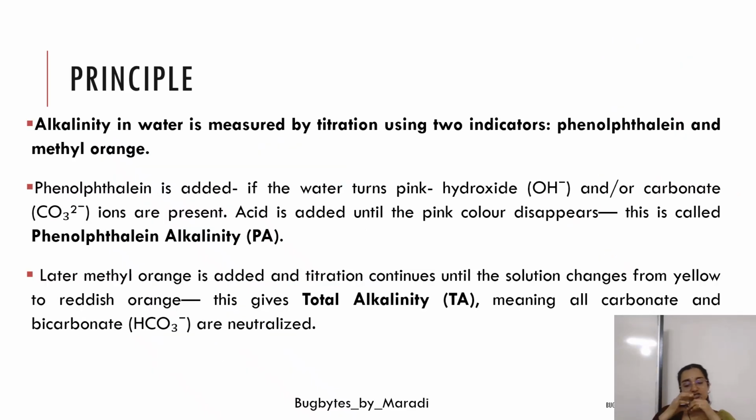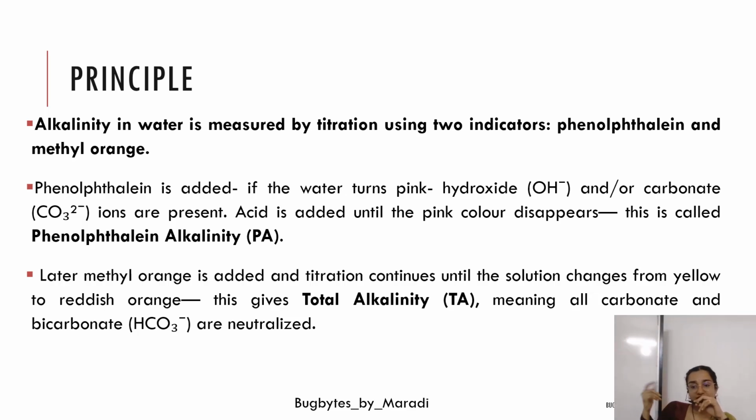When we speak about this particular experiment, alkalinity in water is basically measured by titrating using two indicators, phenolphthalein and methyl orange. First, the phenolphthalein indicator is added. If the water turns pink, it means hydroxide or carbonate, or both, are present.